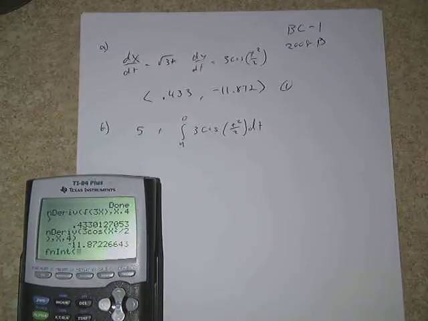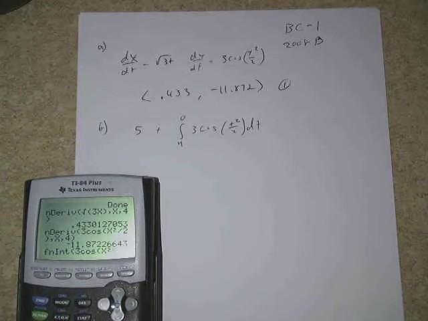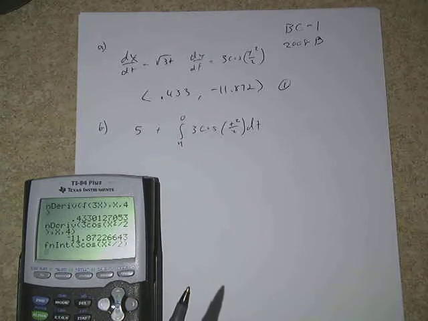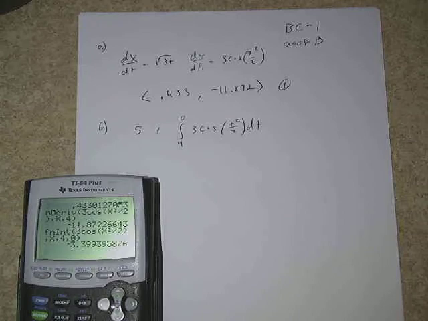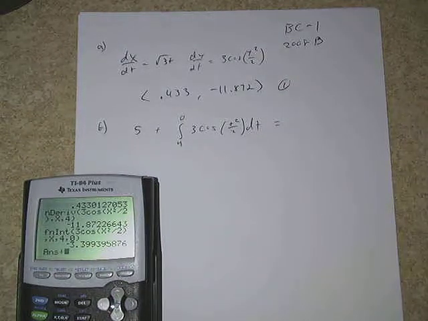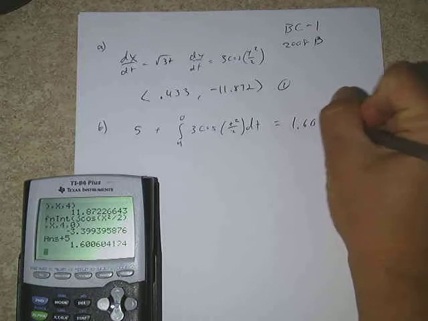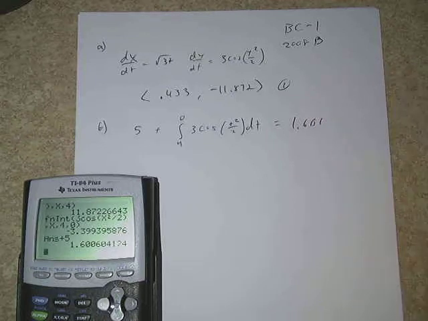So if we do our integral command, math 9, of 3 cosine of x squared over 2, we'll get our displacement, and we're adding that to 5, so the final answer is that plus 5, so 1.601.